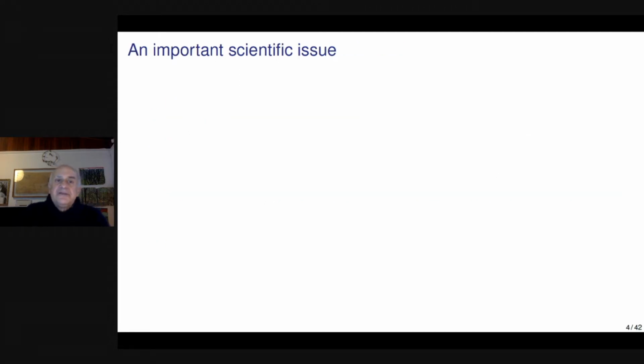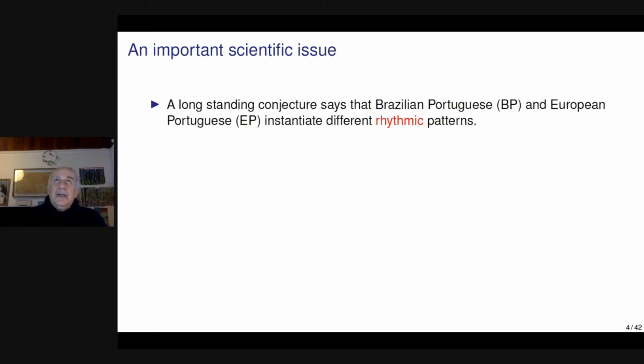This is also an important scientific issue. Actually, a conjecture says that Brazilian Portuguese and European Portuguese instantiate different rhythmic patterns.